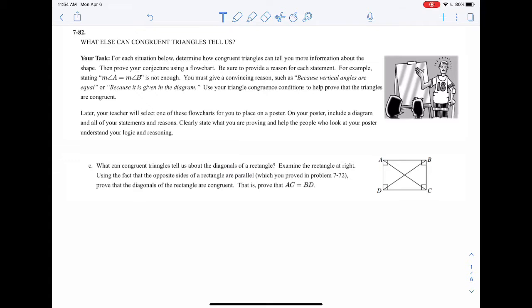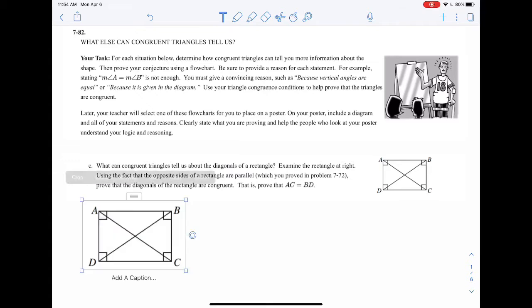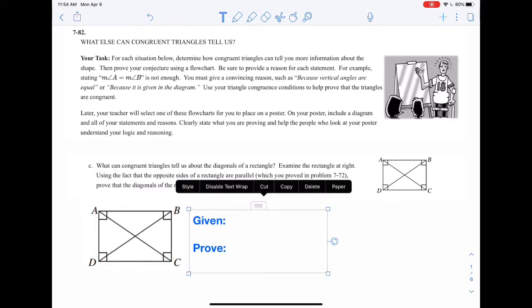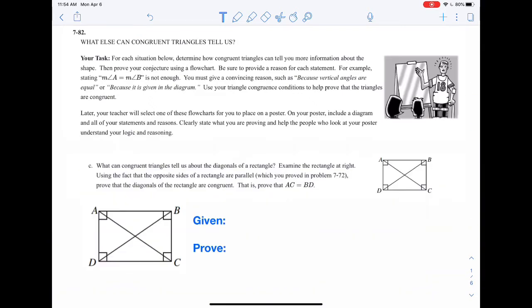All right, to begin this problem, I would like you to copy down the rectangle if you have not yet, and then copy this down here, given and prove. This is how most proofs are presented. You'll see them this way on tests, in other textbooks. This is a standard way to present a proof.